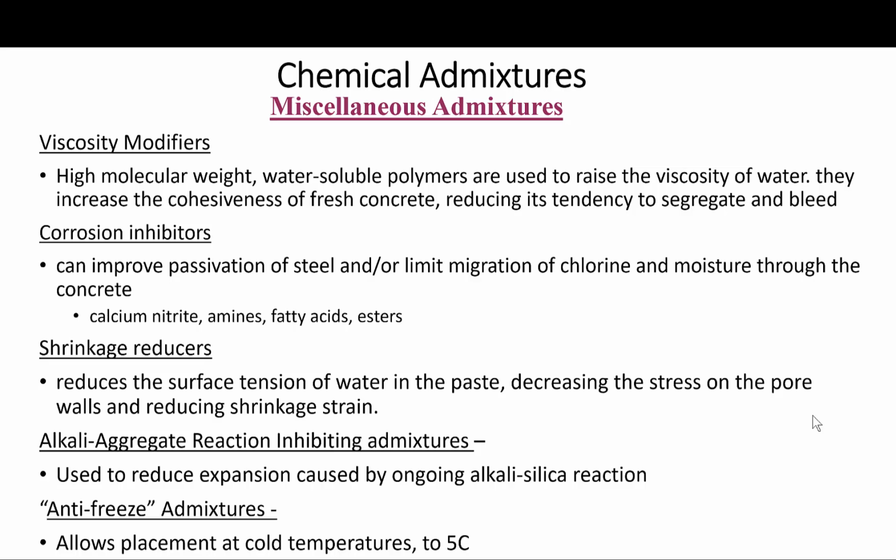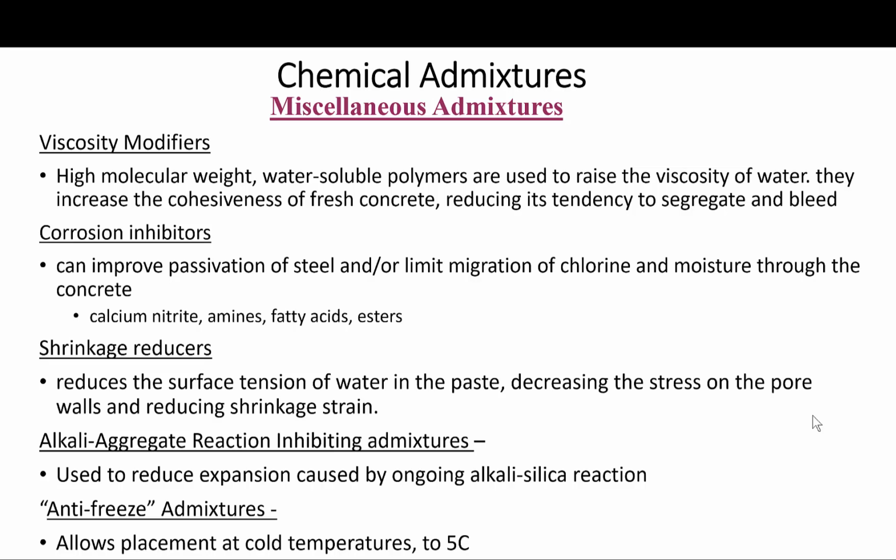We will talk about this during the durability lectures. These can improve passivation of steel and or limit the migration of chlorine and moisture through the concrete, such as calcium nitrite, amines, and fatty acid esters. Again, there are other measures to be taken to combat corrosion, but nonetheless, this corrosion inhibitor admixture exists.